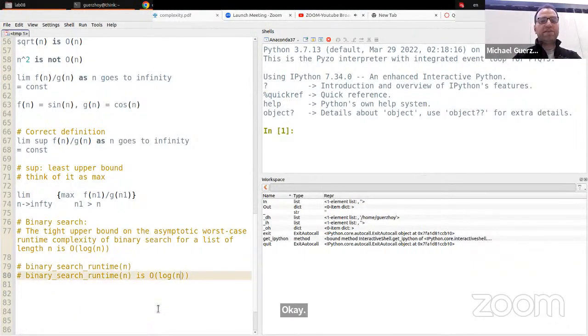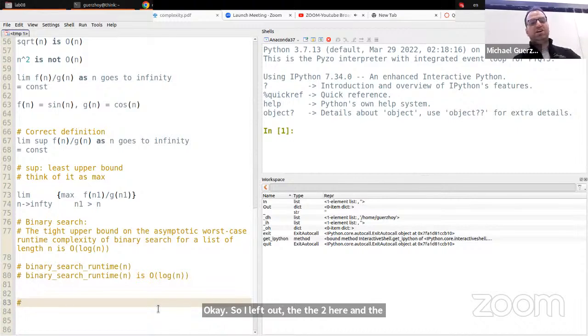So I left out the 2 here, and the reason is actually that the logarithms are all proportional to each other.